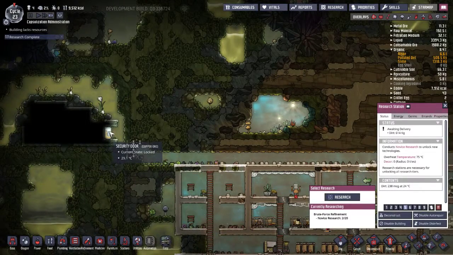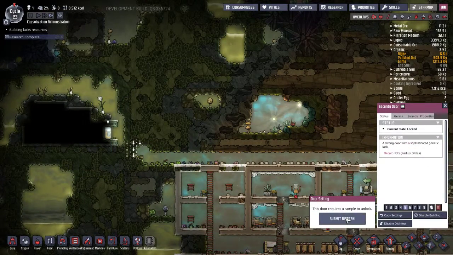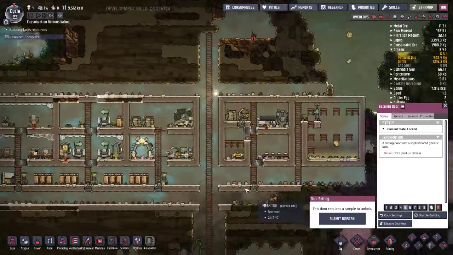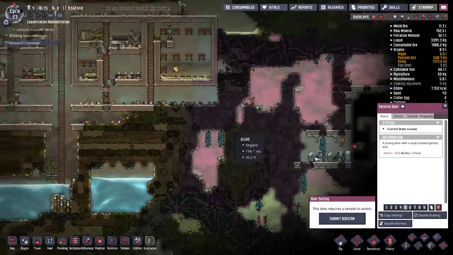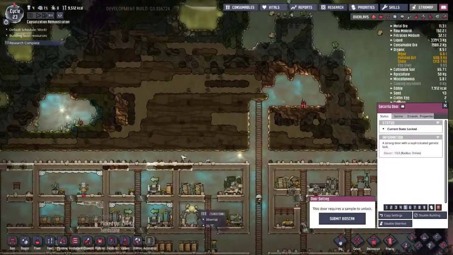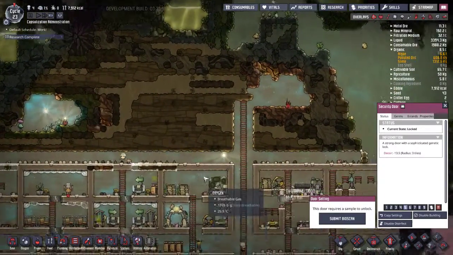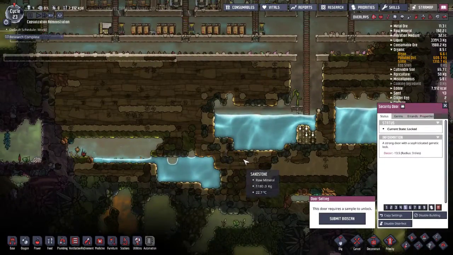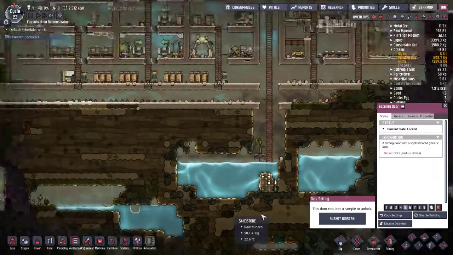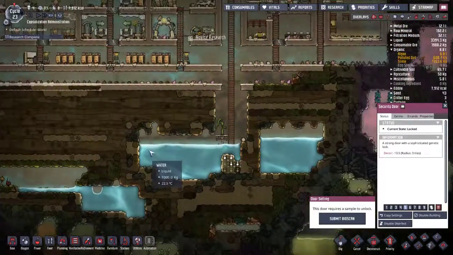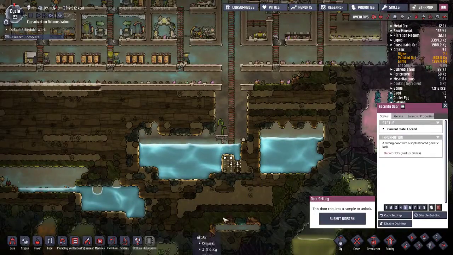I need to open this door. I had food problems at the beginning because my starting area is pretty much solid except for these water things in the bottom.